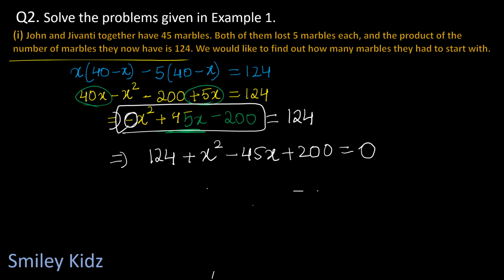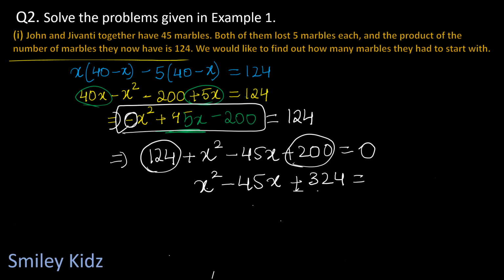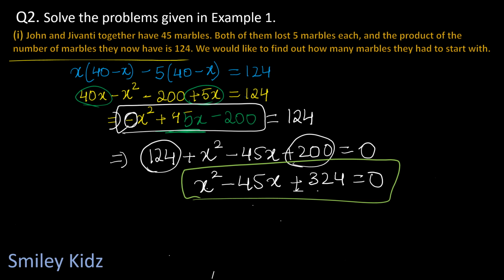Now, what is 124 plus 200? It is 324. So x square minus 45x plus 324 equals 0. So this is the quadratic equation. Now we are going to solve this quadratic equation and find out the solution.